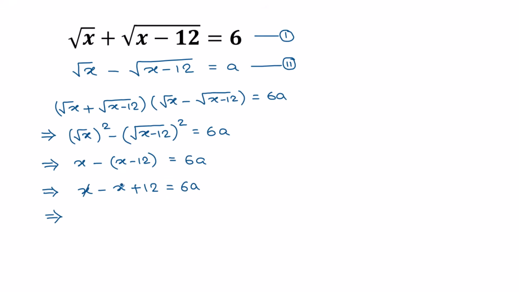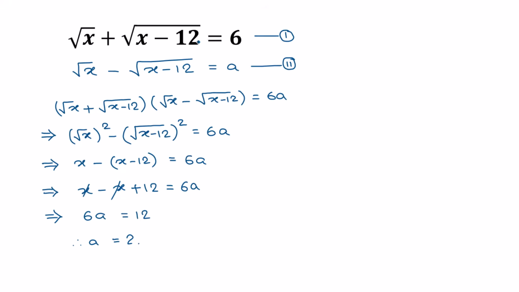This positive x and this negative x will cancel out and exchanging sides we will get 6a is equal to 12. Now dividing both sides by 6, we will get the value of a is equal to 12 divided by 6, this is 2.